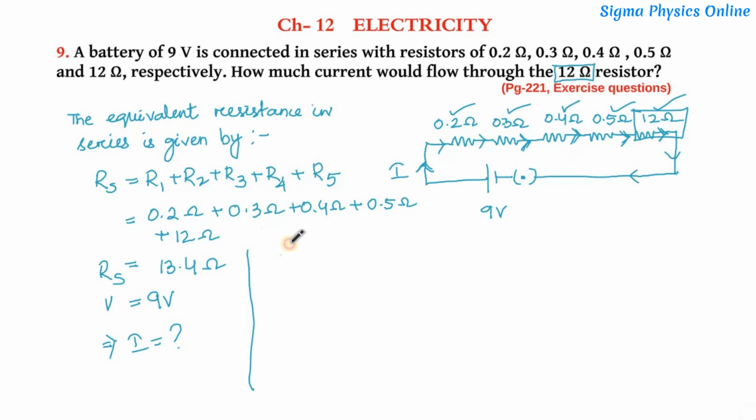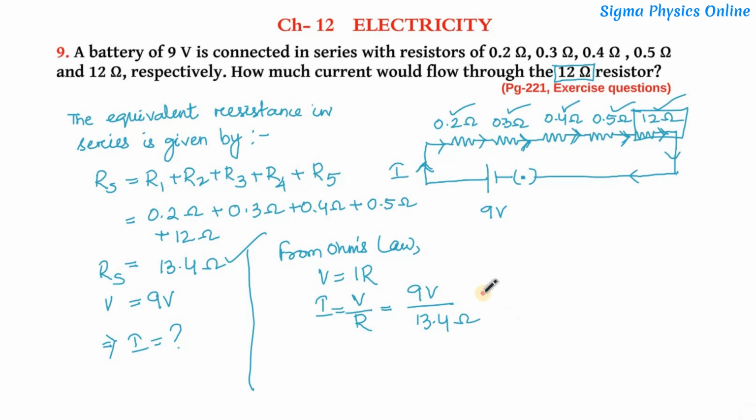So let's find out. From Ohm's law, V is equal to IR. So the value of I will be V by R, which is 9 volt by the value of R we got over here, 13.4 ohm. So the value of current we got is 90 by 134, which is 0.67 ampere.